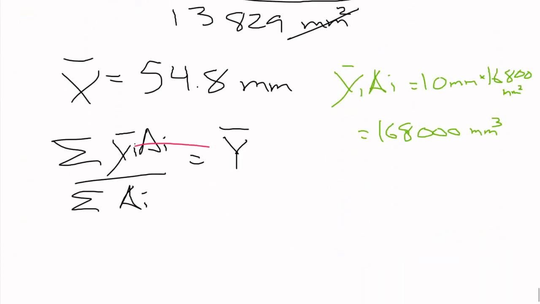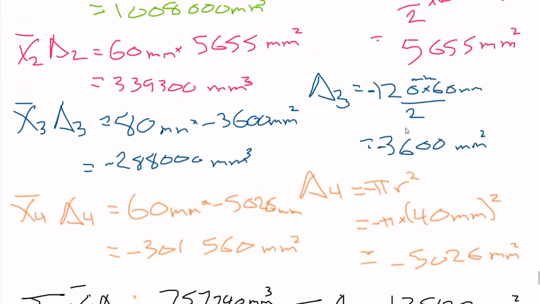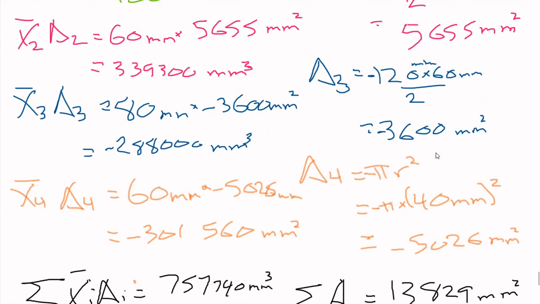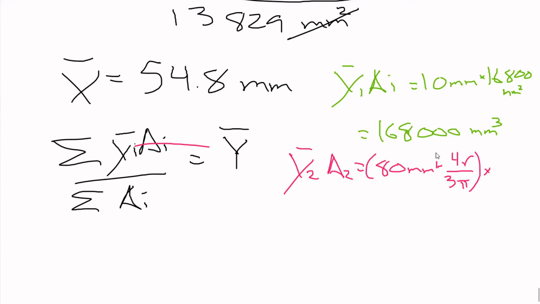So, y bar 2 A2 will be 80 millimeters plus 4r over 3 pi, and then just times our area, 5,655.